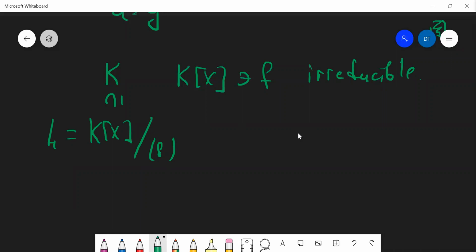So now this field has a very special property. Let's consider the element X here.